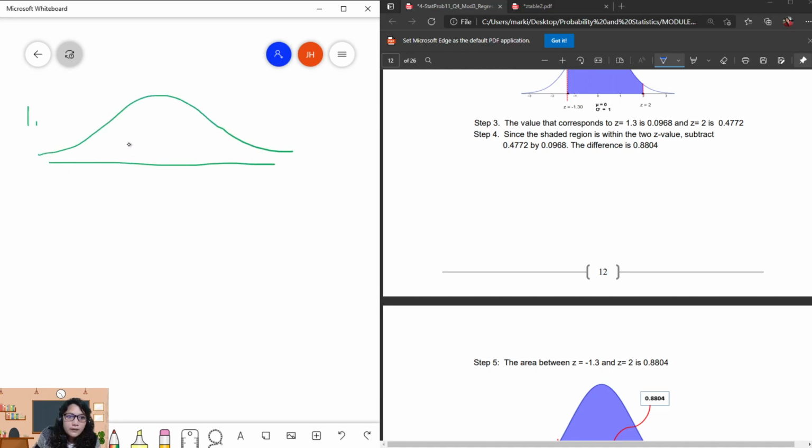So say for example here, if you have here the value, say for example this is 0, and then you need to look for negative 1.75, and this is the area that you need to get. Just follow the solution for this one.